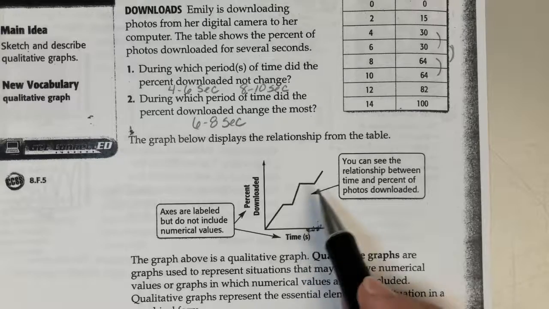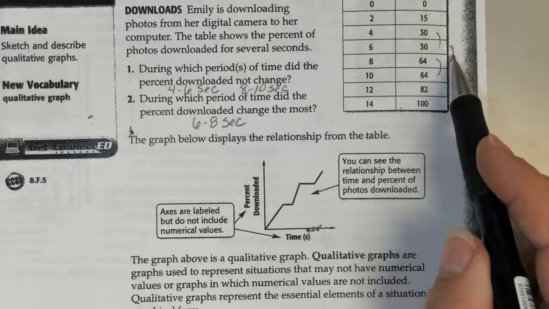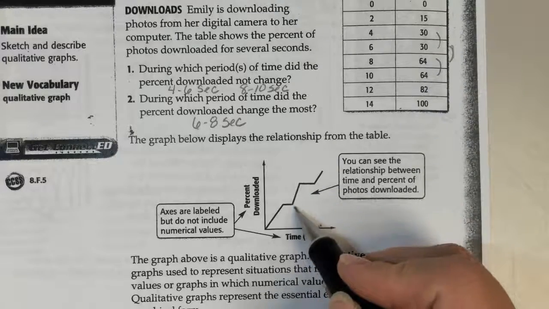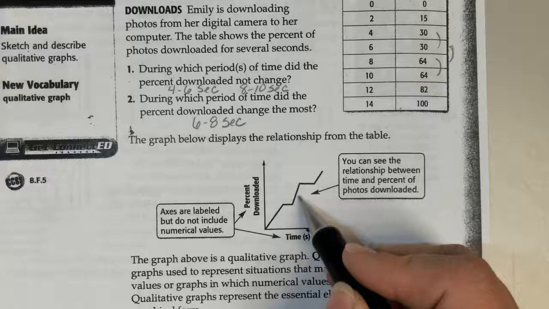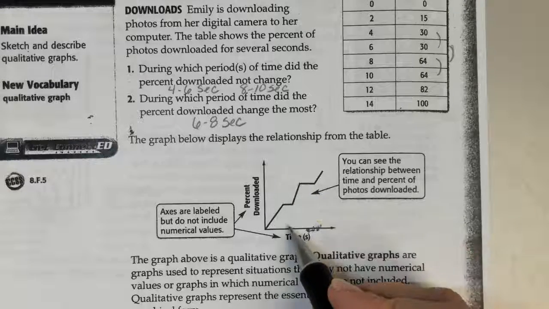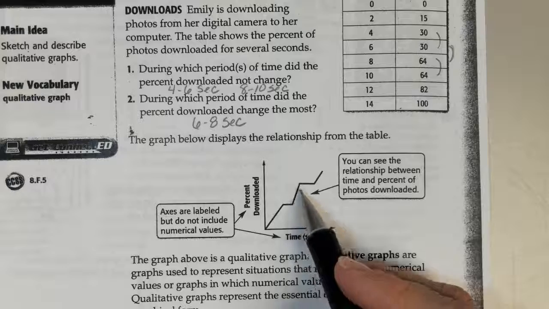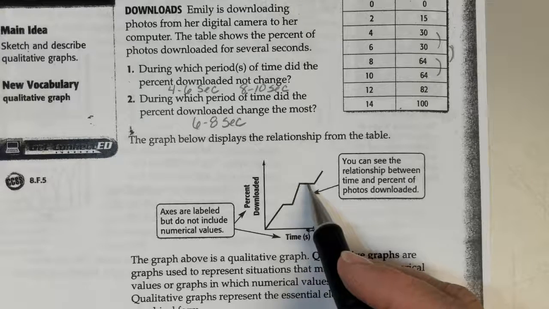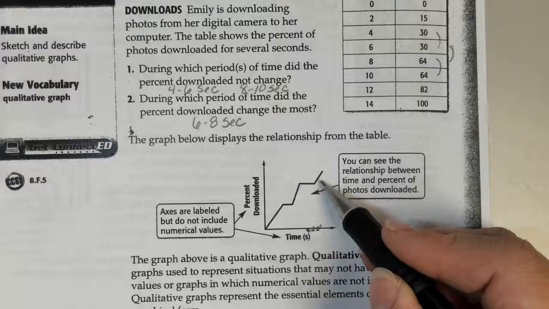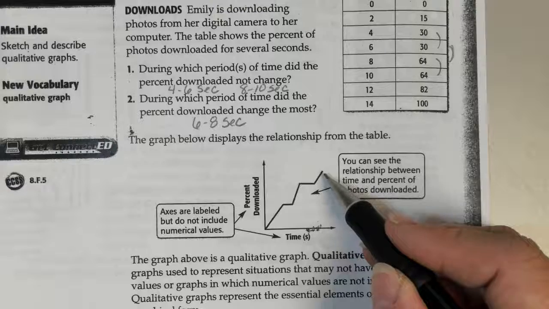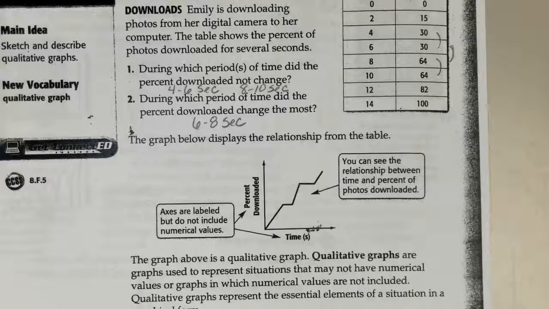So from 0 to 4, it was moving fine. Look at our greatest percent increase here, from 6 to 8 seconds. This line is the steepest because most of the download is happening in less time. So it makes for a steeper line. Again, the second stall out, and then it begins again after the 10-second mark. It starts back. Okay?